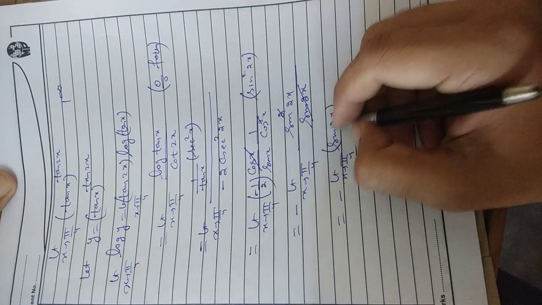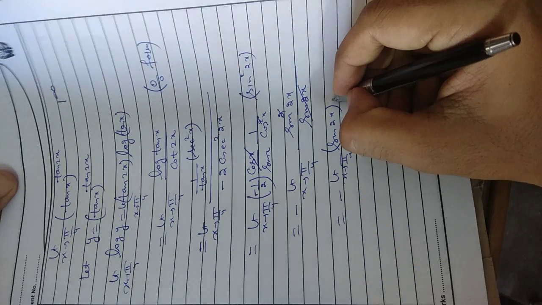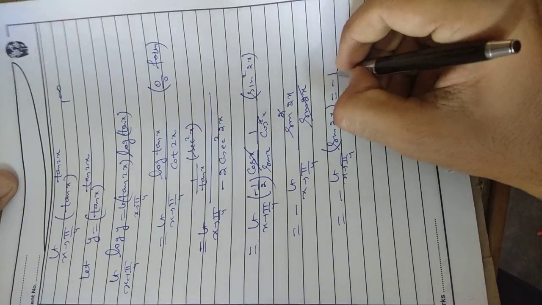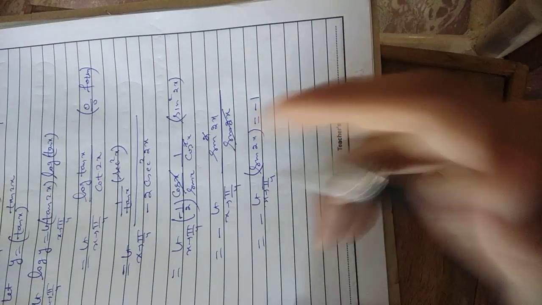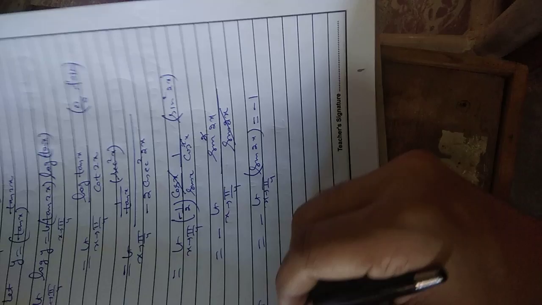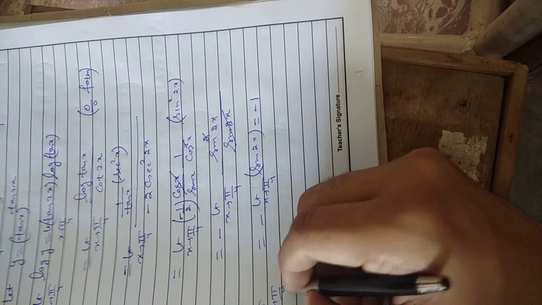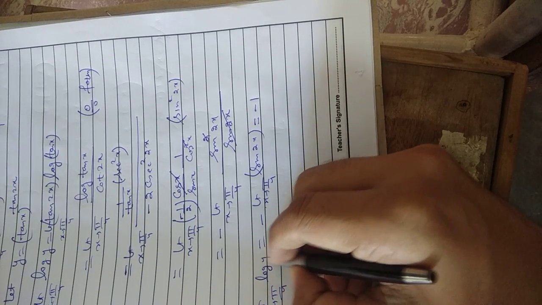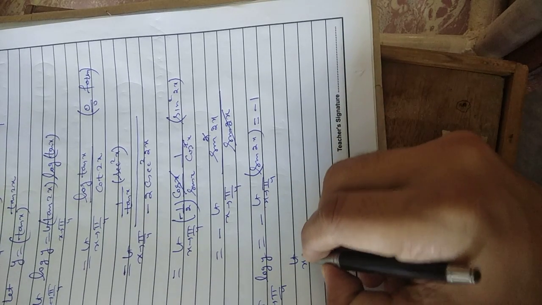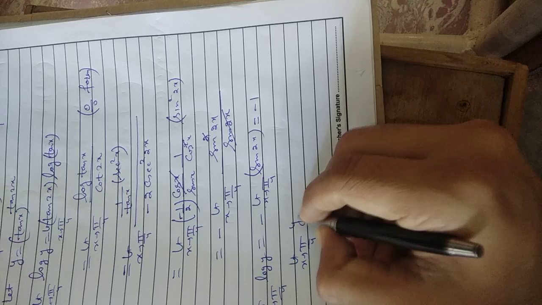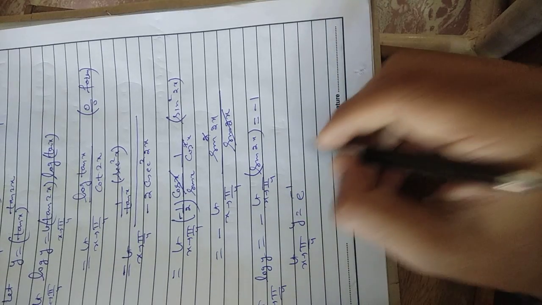Now it is determinate form. We will put the value of x and we will get minus 1. So therefore limit x approaches pi by 4 of log y is equal to minus 1. Therefore limit x approaches pi by 4 of y is equal to e to the power minus 1.